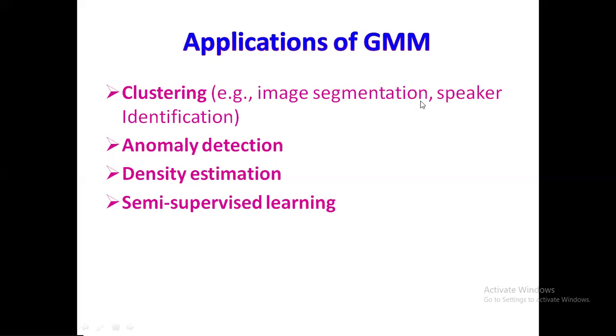In speaker identification, voice features are modeled using GMM to distinguish speakers. GMMs are also effective for anomaly detection, where points falling in low probability regions are treated as outliers. Furthermore, they serve as building blocks in semi-supervised learning, where some labels are missing and the model needs to infer group structure probabilistically.